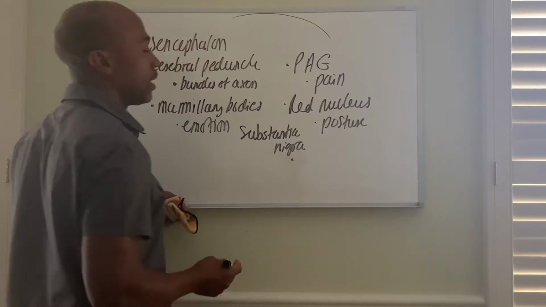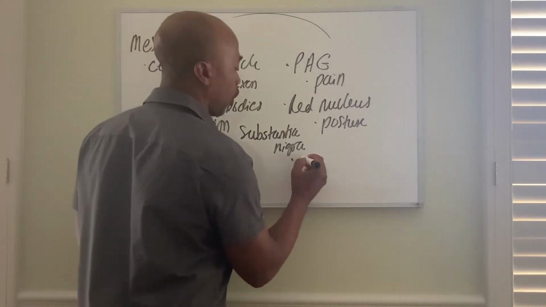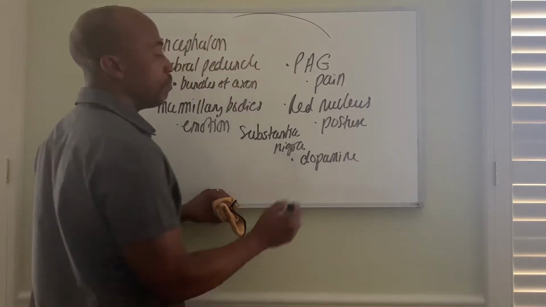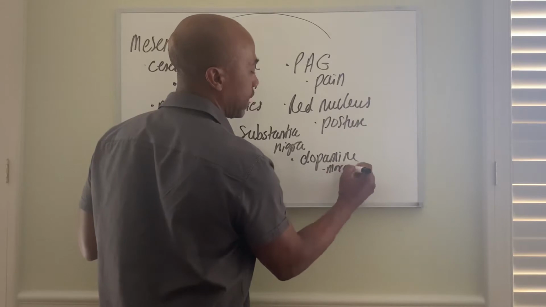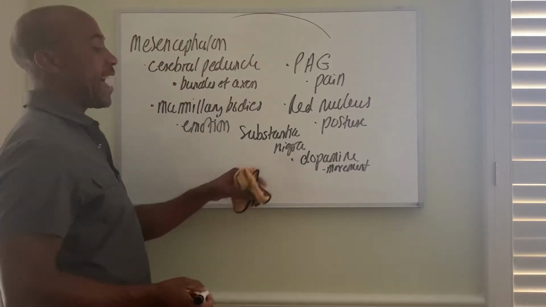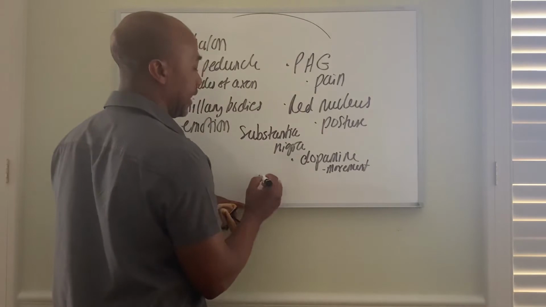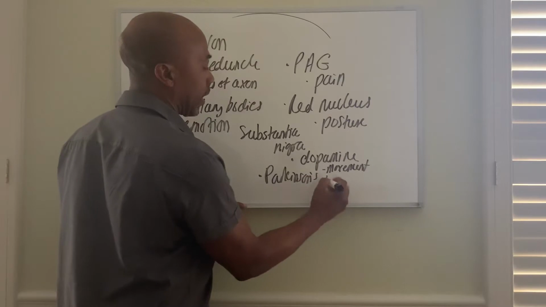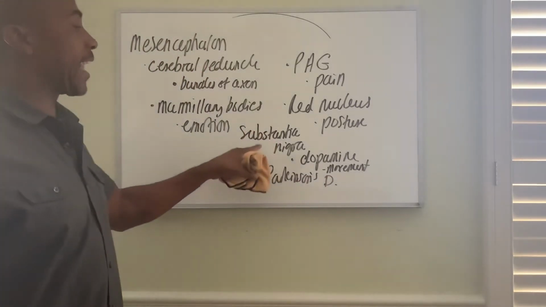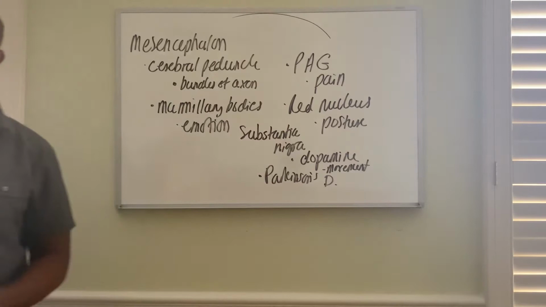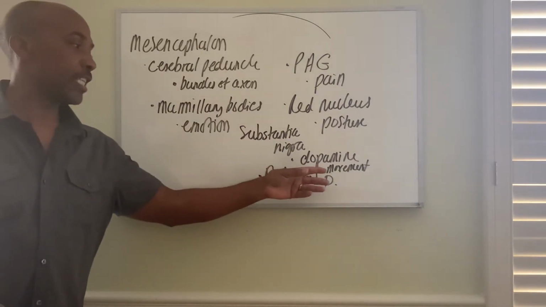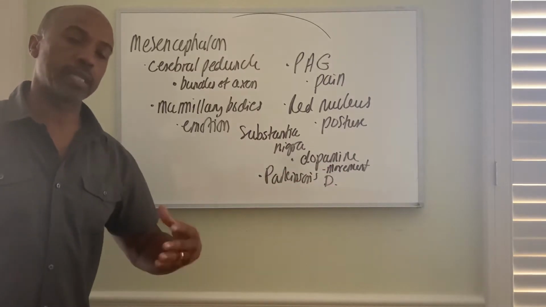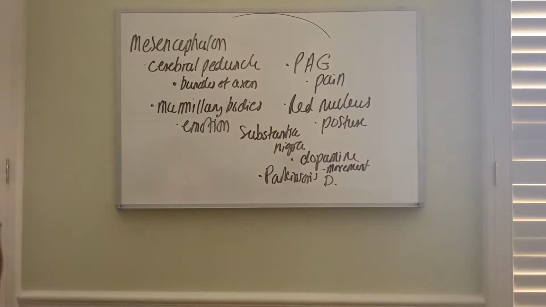This part produces a chemical called dopamine, which is involved in movement. And when it goes bad, this tends to lead to a disease that we call Parkinson's disease. Based on the death of the nigra cells, as they die, they make less dopamine, and that disrupts the movement circuits, and that leads to the Parkinson's symptomology that we see.